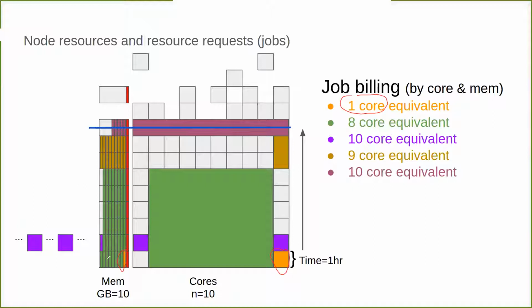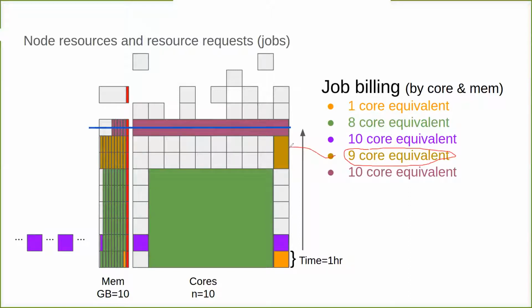In this example, it's 1 gig of memory. The second job is requesting 8 cores and is charged 8 core equivalents. There's another big parallel job here that goes across nodes and is only requesting a little bit of memory per core. It's charged 10.